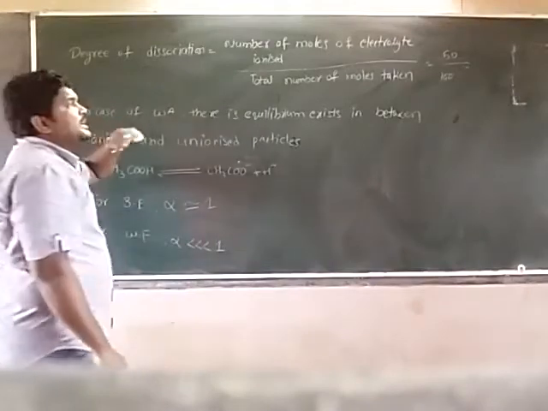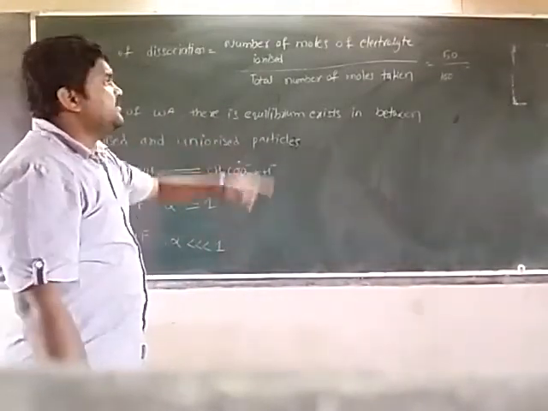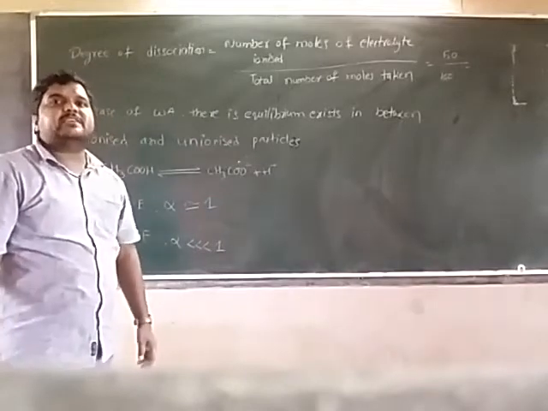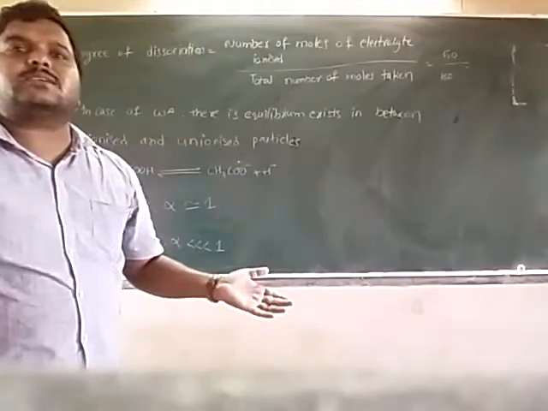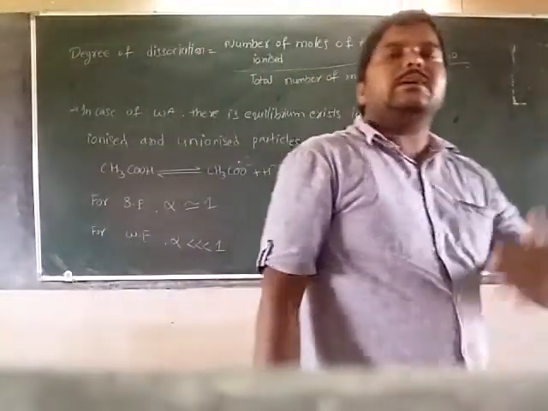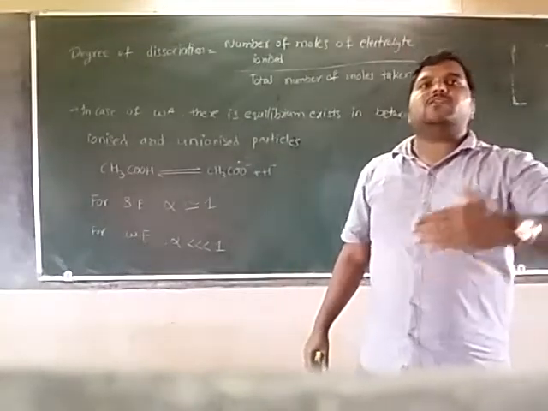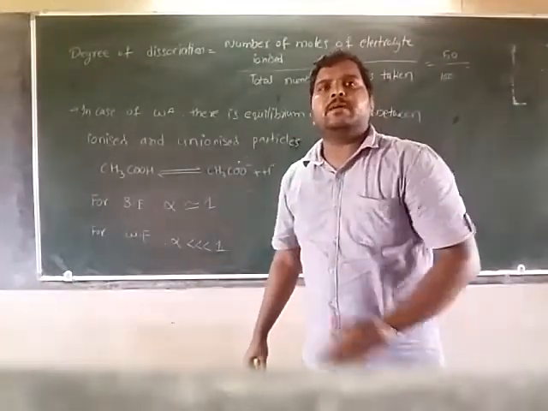In the case of a weak electrolyte, an equilibrium exists between the unionized particles and the ionized particles. What is the meaning of equilibrium existing? Ionized particles convert to unionized, and unionized particles convert to ionized.